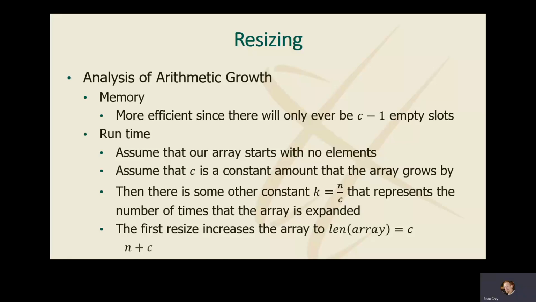So we are going to have C copy actions. But then when we expand again, we're going to have 2C additional copy actions. You know, when we go from 10 to 15, we're going to have to copy the 10 elements over so that we've got an array of 15 with 10 filled elements. We following? We see how this is being constructed?